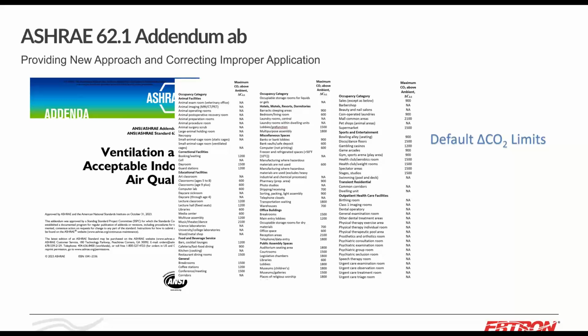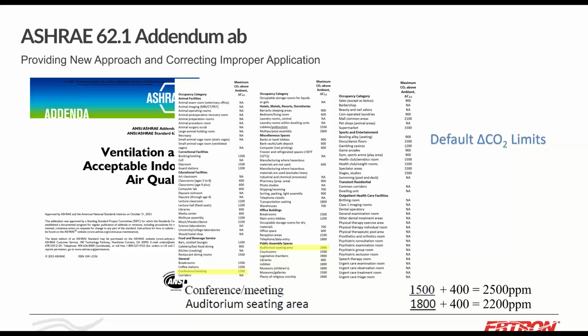So the assumption is the outside air is about 400, it may be 350, it may be 420. But if you take 400 or 420 as a minimum and add this delta limit, then you'll get to the true limit. So as an example, a conference space at 1,500 delta CO2 plus 400 outside gives you 2,500 ppm. And an auditorium is 2,200, much higher than 1,000 ppm.